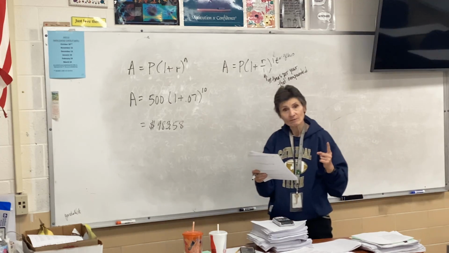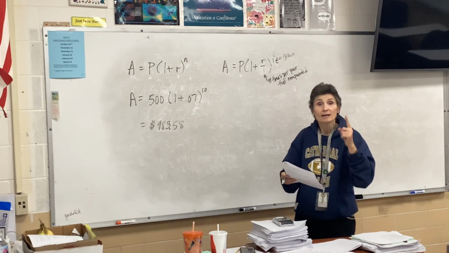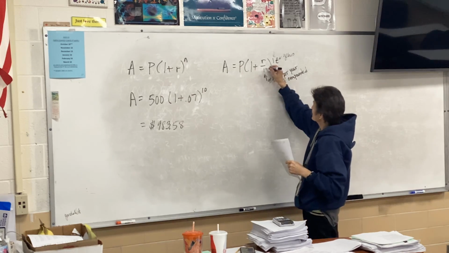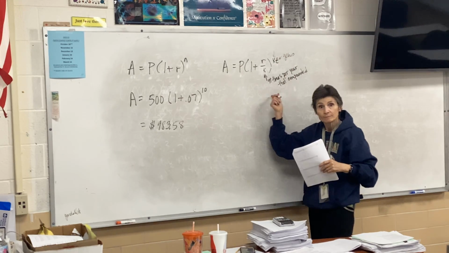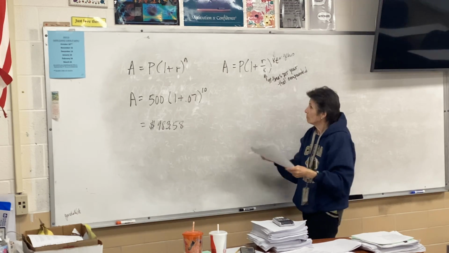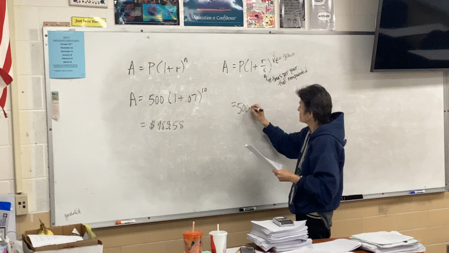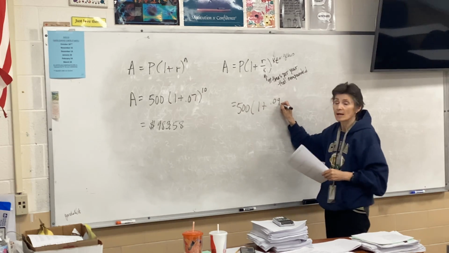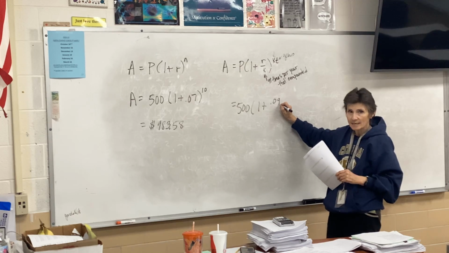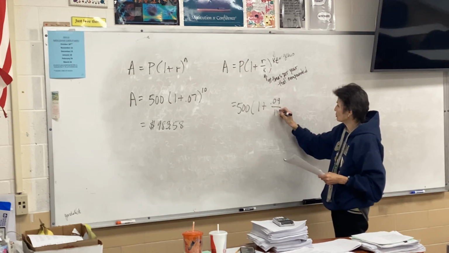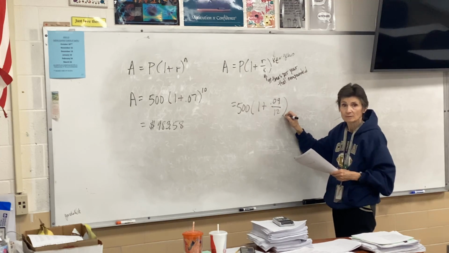Roberto's investing $500 at 9% compounded monthly. So that's this one, right? This is compounded monthly. So my investment is $500. My interest rate is 9%. Remember, you always put it in as a decimal. Divided by how many times a year? 12 times a year.